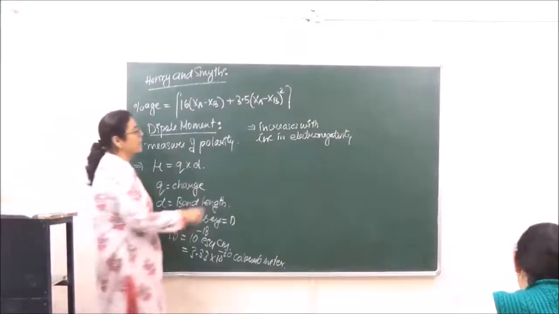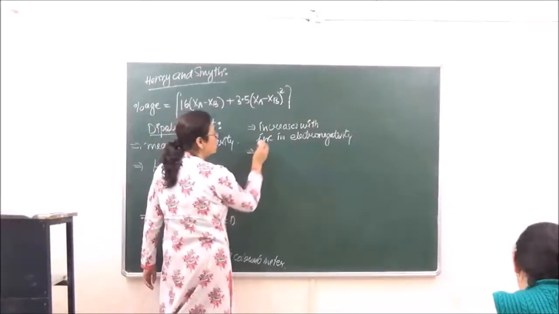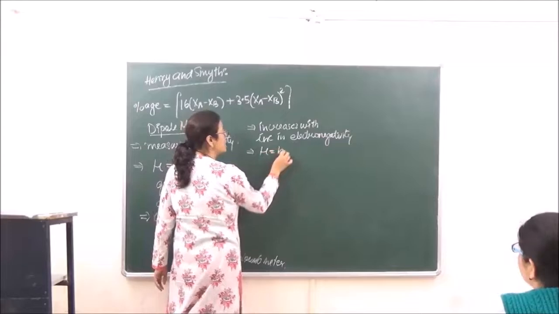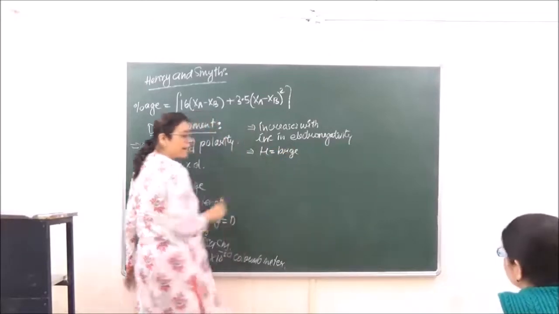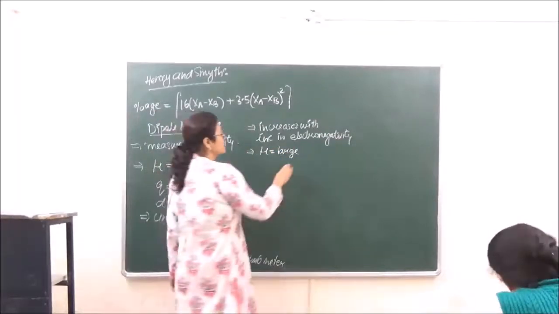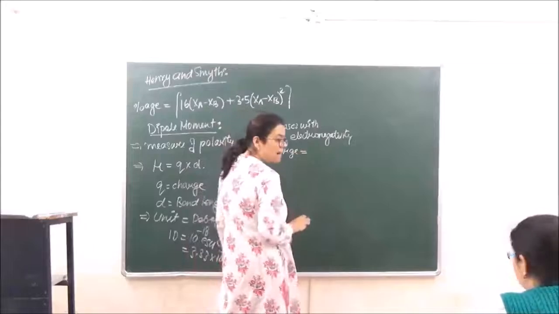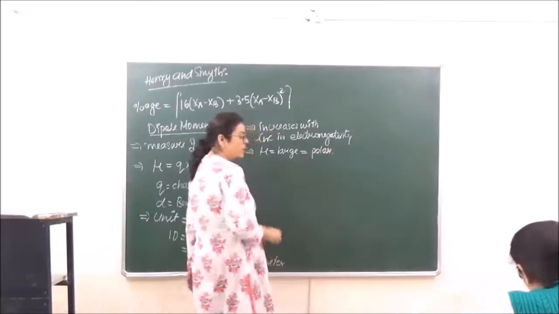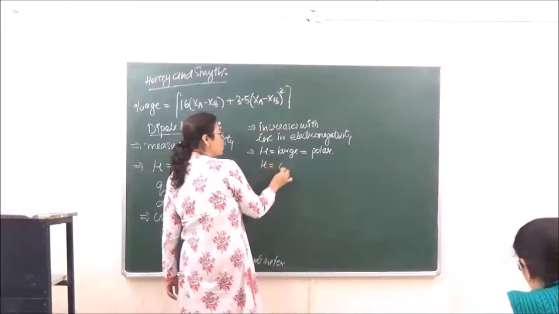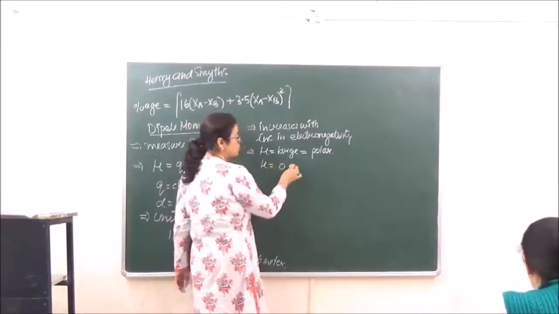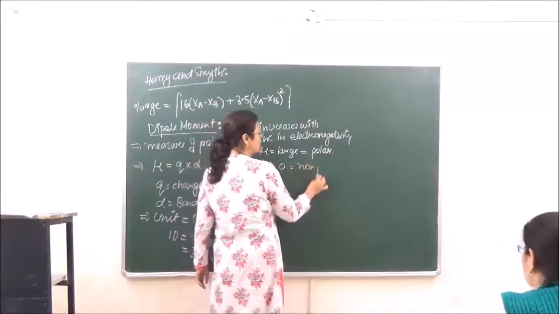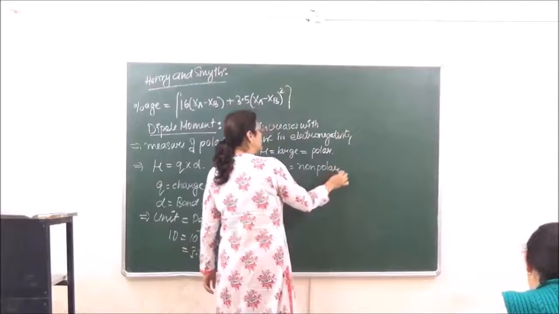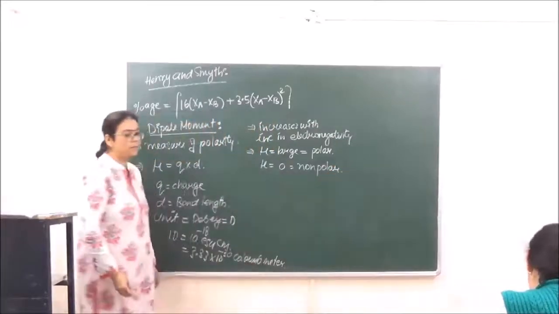So we can say that if the value of mu is large, then in that case the compound is going to be polar in nature, and if the value of mu becomes equal to 0, such molecules are non-polar in nature. ठीक है?